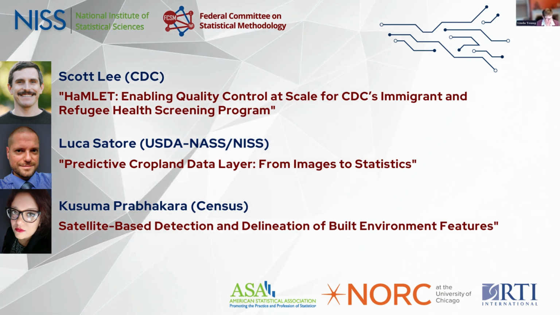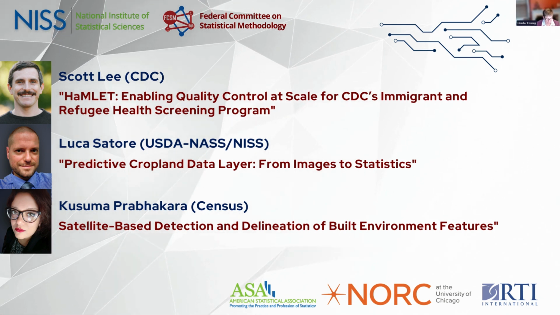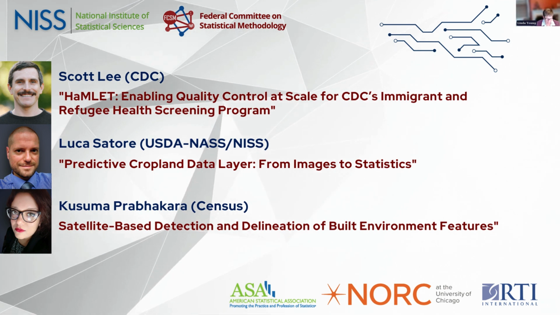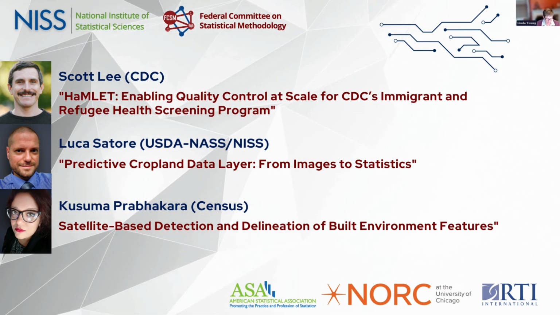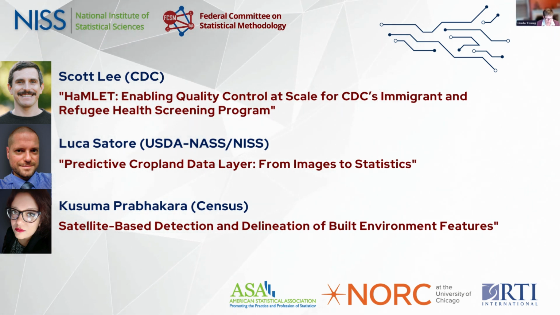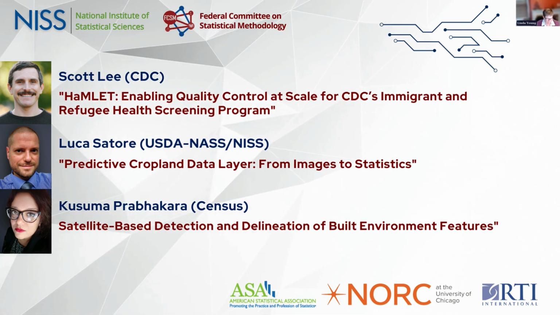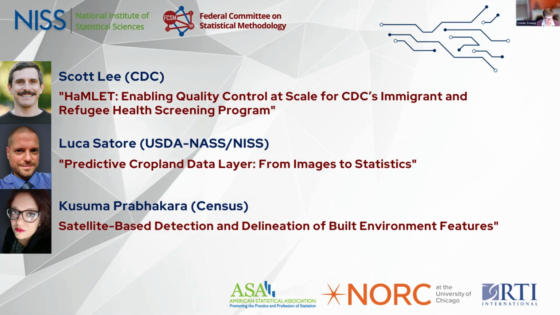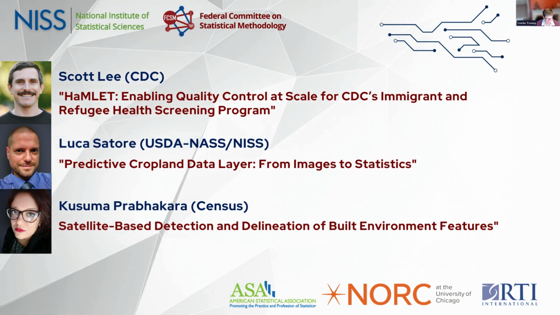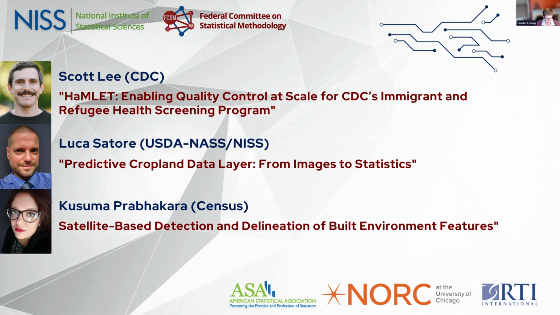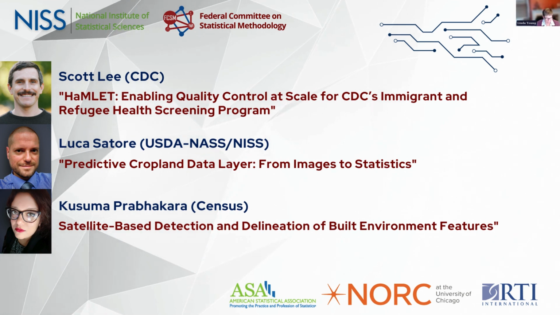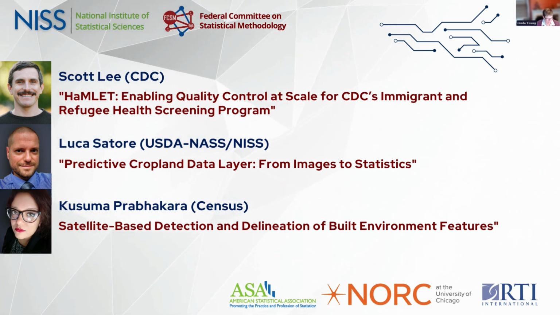Our third and final speaker will be Kusuma Prabhakara. She is a geographer in the Geospatial Reference Data Branch within the Geography Division at the U.S. Census Bureau. She is an imagery lead on the Automated Change Detection Core project, which aims to utilize moderate and high-resolution imagery to focus on areas of detected change and use machine learning algorithms to extract building footprints for use in our intelligence database.